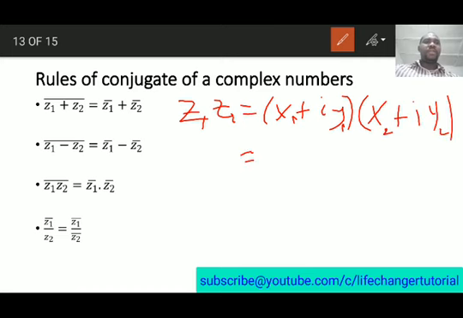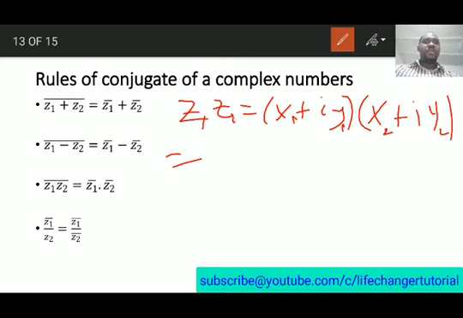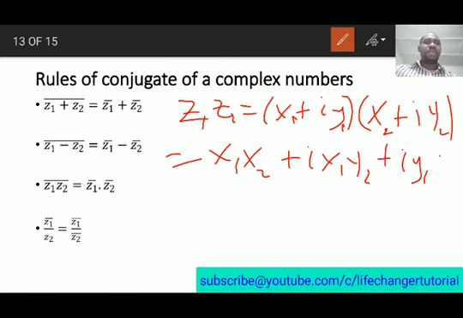So if we multiply x1 times x2, it's going to give us x1 x2. Then x1 times the other will give us ix1 y2, plus the next one will be iy1 x2, okay? Then plus the next one is going to be i squared y1 y2.